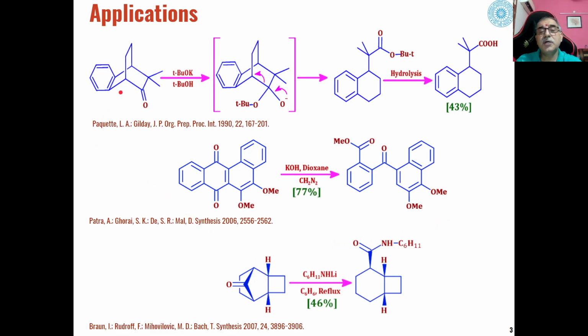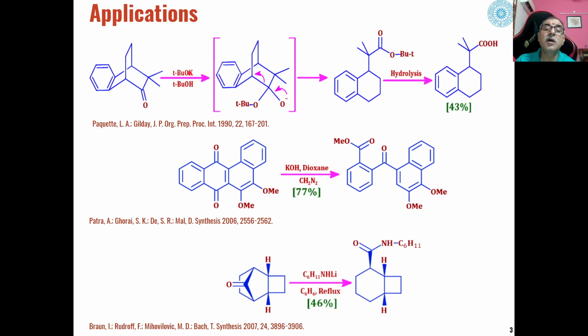So some of the examples, for example, this type of bicyclic ketone, which is a sterically hindered ketone, in the presence of a strong base like tertiary butoxide. So in the first step, what will happen?